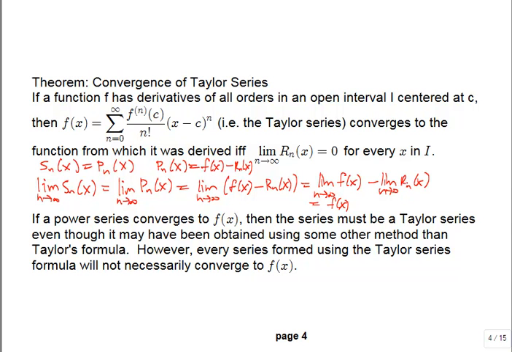If this one goes to 0, then that's the only way this nth partial sum is going to equal our actual function. So we need this to go to 0 so that the limit of our nth partial sum equals the true value of the function. So for a given x, the Taylor series converges to the function if and only if that remainder goes to 0.